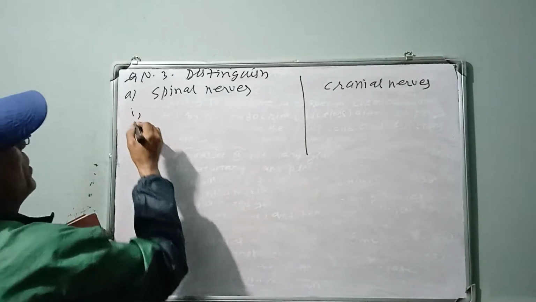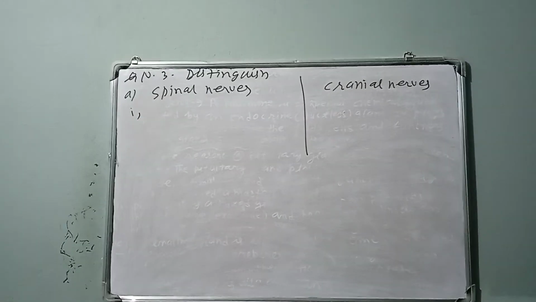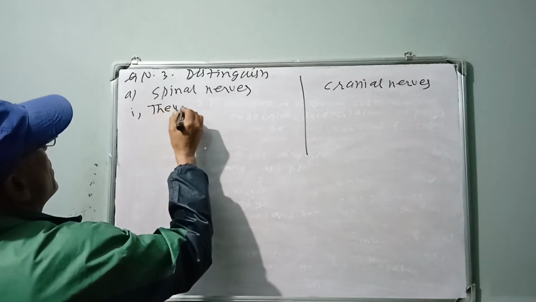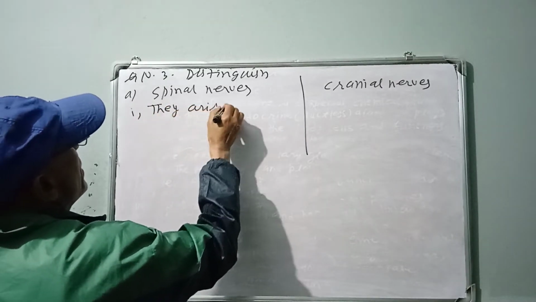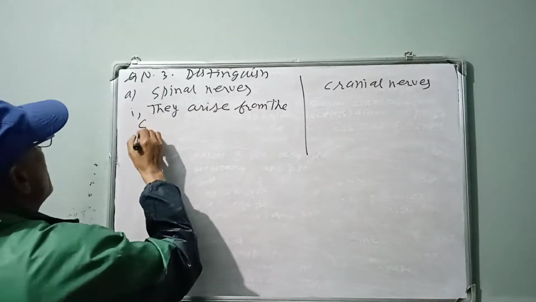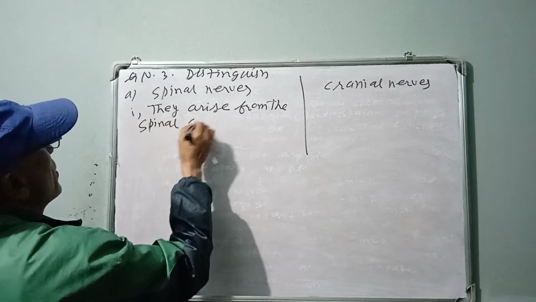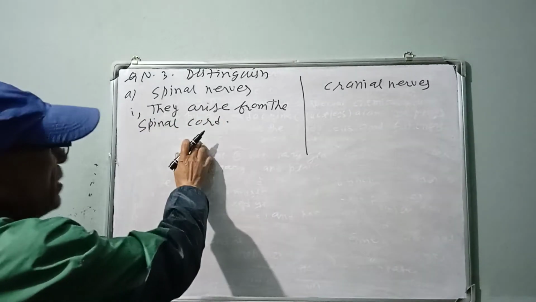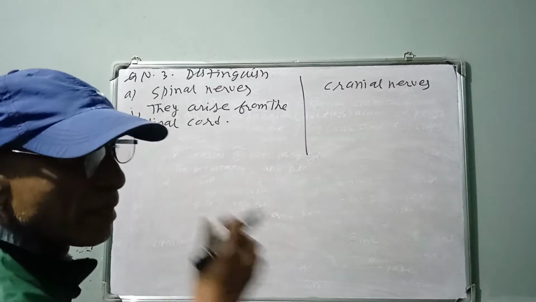Very short question. Spinal cords. Just by the word spinal, they arise from the spinal cord. Since the name is spinal cord, they are related to the spine.